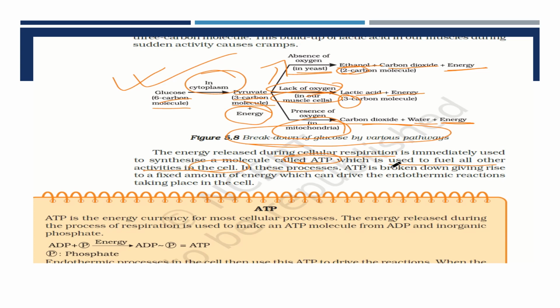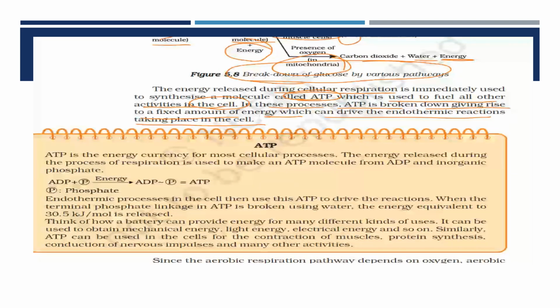ATP is broken down, giving rise to a fixed amount of energy which drives the endothermic reactions taking place in the cell.